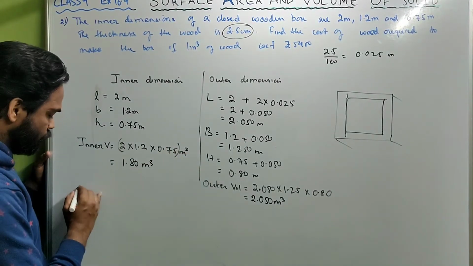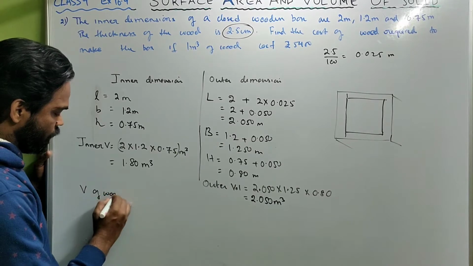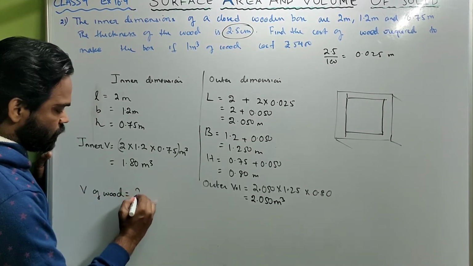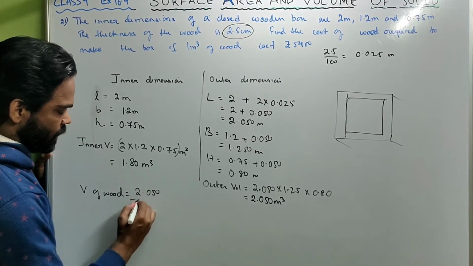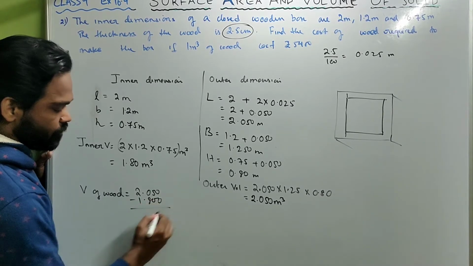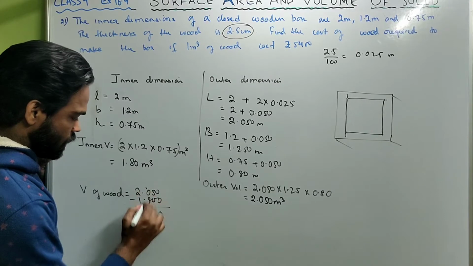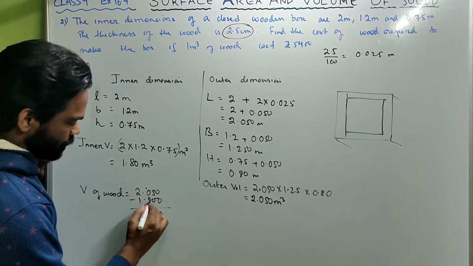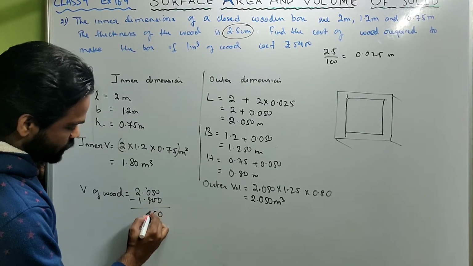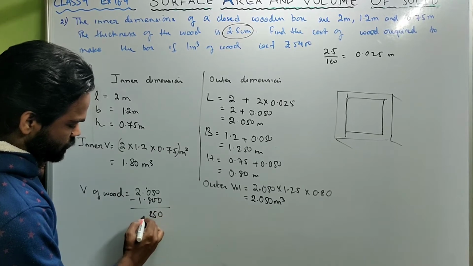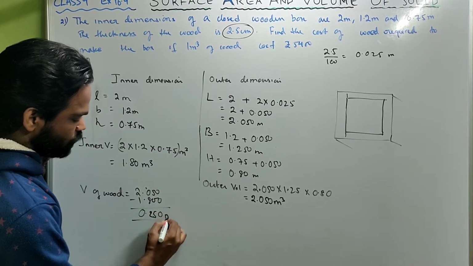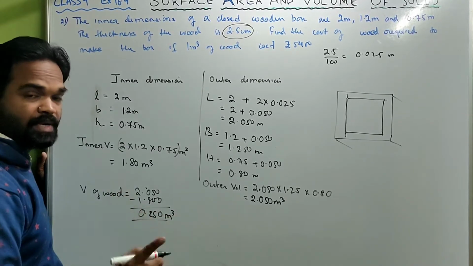So the volume of the wood is outer volume minus inner volume. That's how much? That's 2.050 minus 1.800, which is 0.250 meter cube.